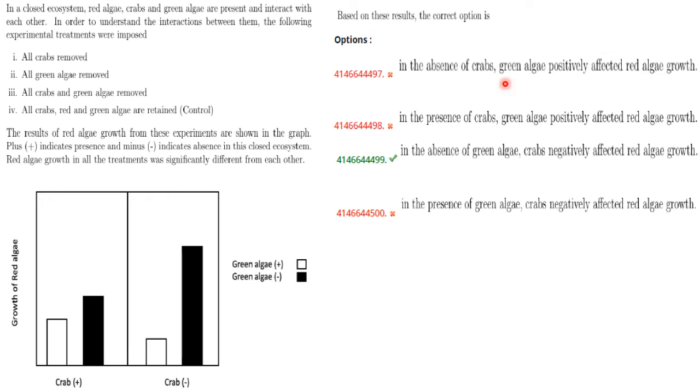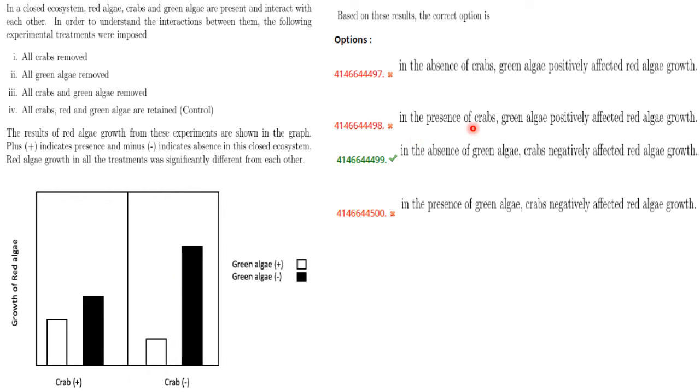Now coming to the options. In the absence of crabs, that is over this graph, green algae positively affected red algal growth. No, green algae negatively affected. If you see this bar diagram, it shows that in the presence of green algae, red algal growth is very less, whereas in the absence of green algae, red algal growth is more. So this is incorrect.